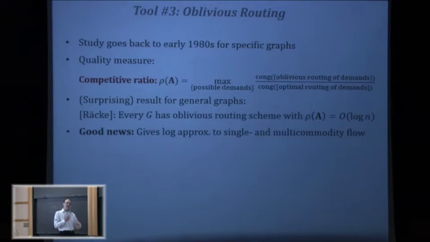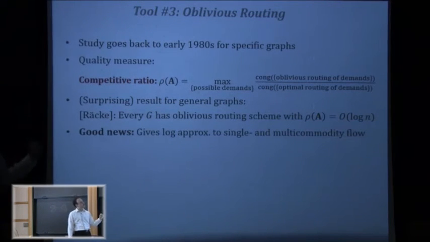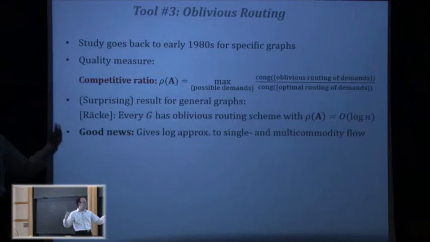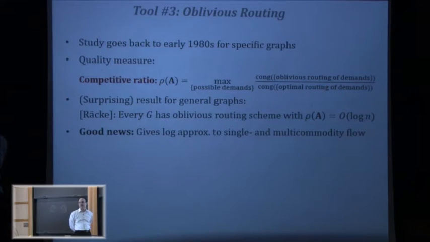This feels kind of nice, because if I gave you this oblivious routing scheme for your graph, you could just route the demand s-t, and you get a log n approximate flow. That sounds great, and in fact it even works for multi-commodity flow. So this gives you a log n approximate algorithm for single and multi-commodity flow.